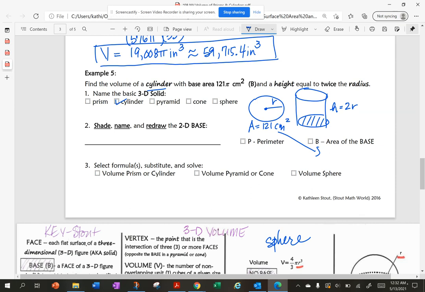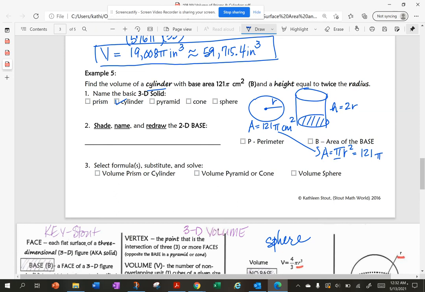So if I know the area is pi r squared, and that equals 121 pi, I can solve for the radius.